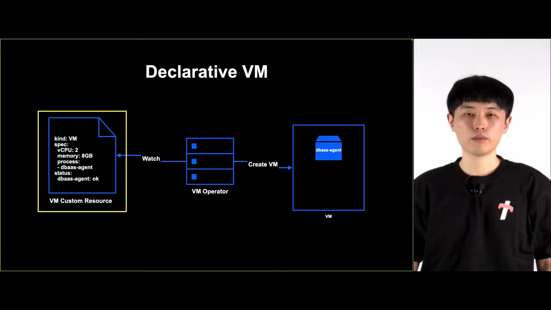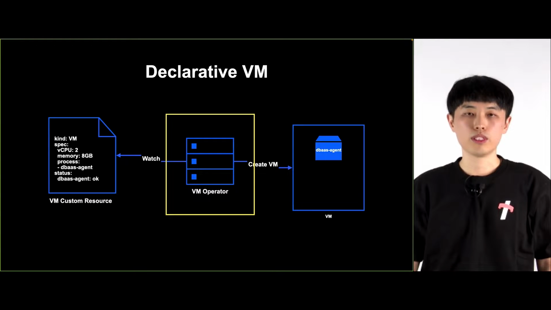In Kubernetes, pod is managed in a declarative manner through a process called kubelet. Likewise, in order to manage VM in a declarative manner, we made the Kubernetes custom resource that matched VM. There are 2 virtual cores, 8 GB memory, and DBaaS agent as a process. So that was the type of VM that we declared.